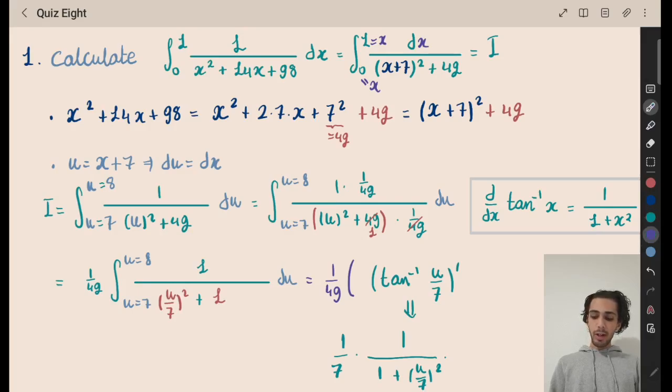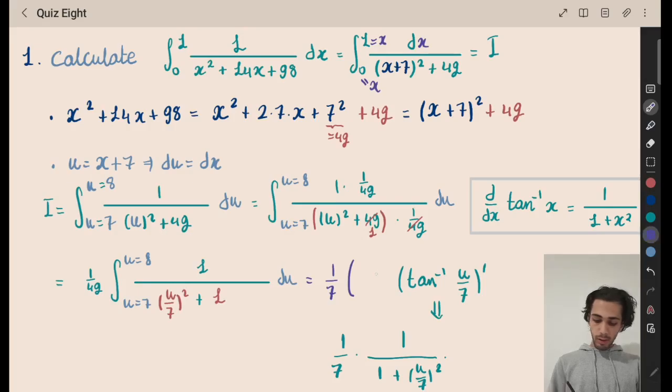Here I have 1 over 49. Maybe I can just borrow one of the 7s, since 7 times 7 is 49. So this 49 I'll write as follows. I'll write 1 over 7, and then on the inside, I'll write 1 over 7. Well, not here, actually. Maybe I should not write it here.